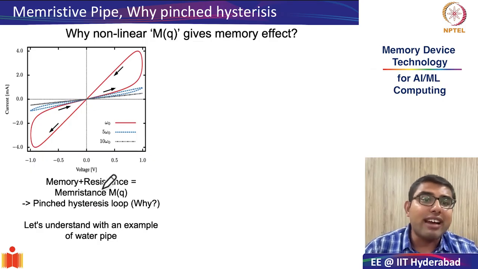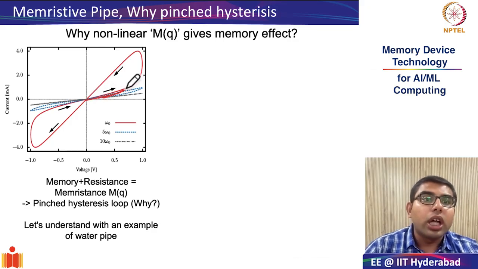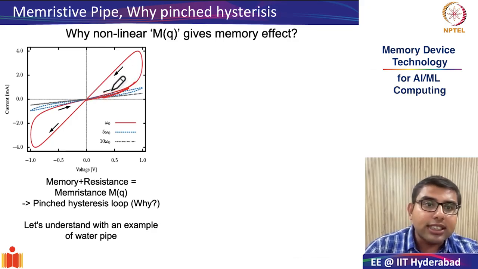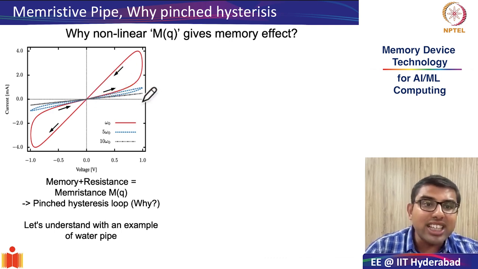From our study of SRAM, we know the meaning of hysteresis is that the path the IV characteristic follows on the forward sweep is not the same as the path it follows on its reverse sweep. So this is the forward sweep where you are increasing voltage.